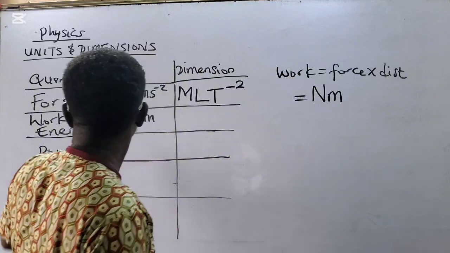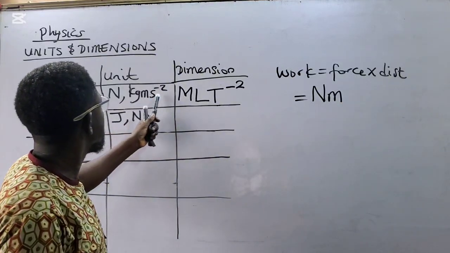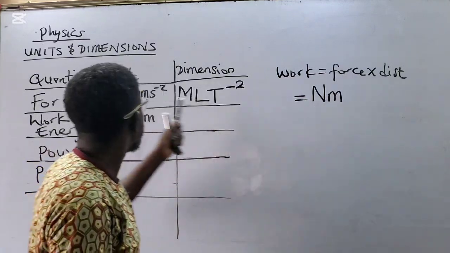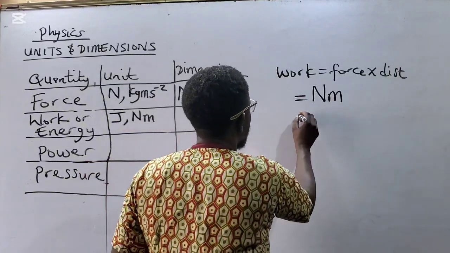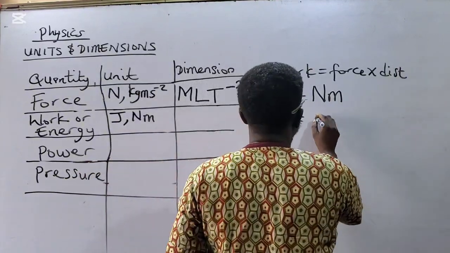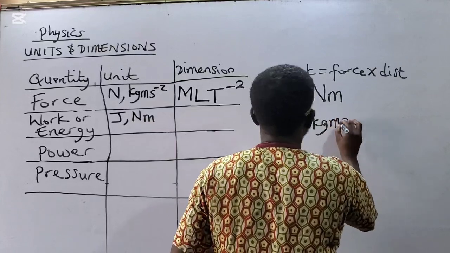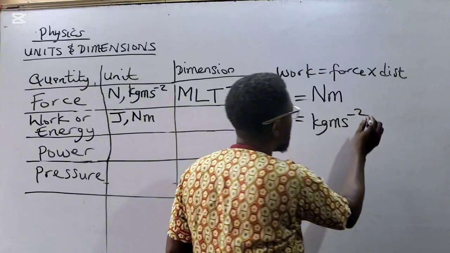Now, based on what we did for force, we know that force is kilogram meter per second square. That's an equivalent unit to the newton. So this newton here is the same thing as kilogram meter per second square. So based on this newton, I will now write kilogram meter per second square, then multiplied by this meter here.